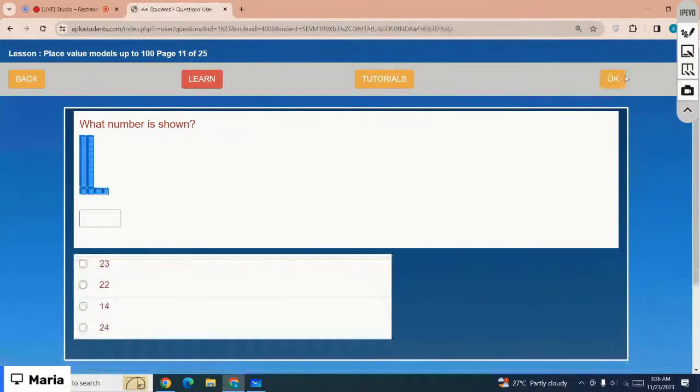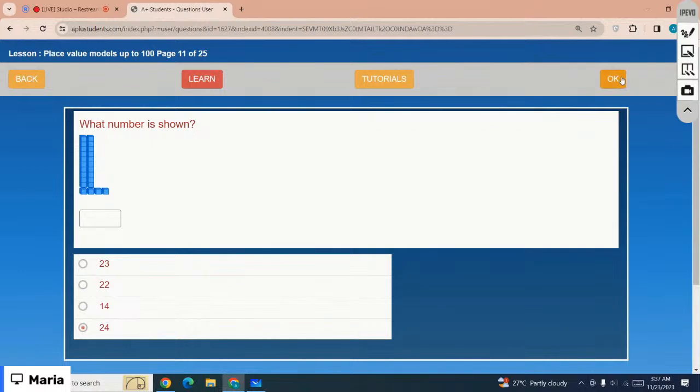Okay, what number is shown? Which is the correct option? Yes, it is. Two tens and four ones. So together they make 24.